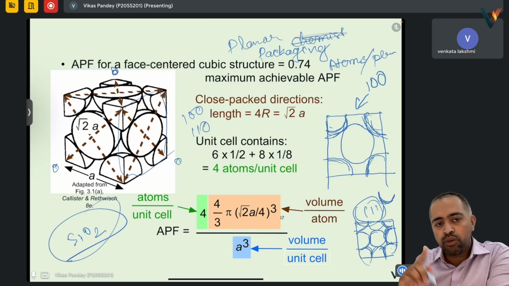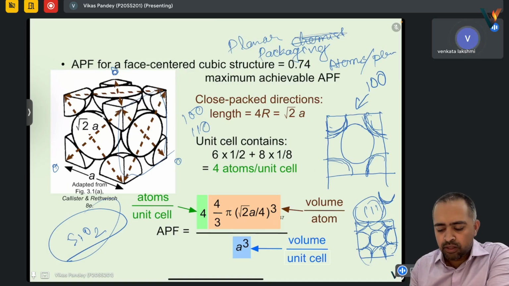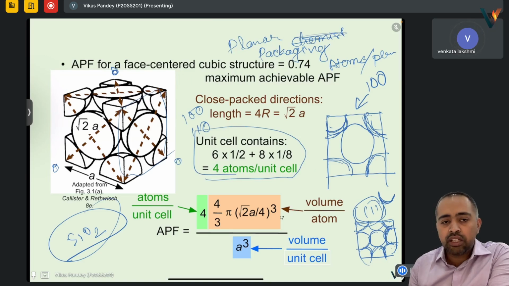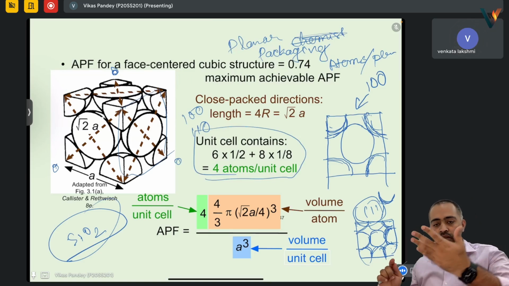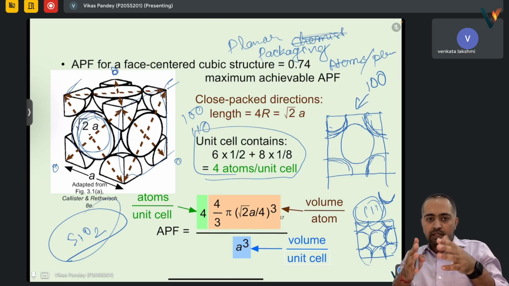So eight corners, one by eight, so one. Sir, show the previous slide. There is the equation: 6 into 1/2. That is the surface, the face-centered ones. And this eight will be 1/8, because if you see the cube, it is actually cut into eight parts.